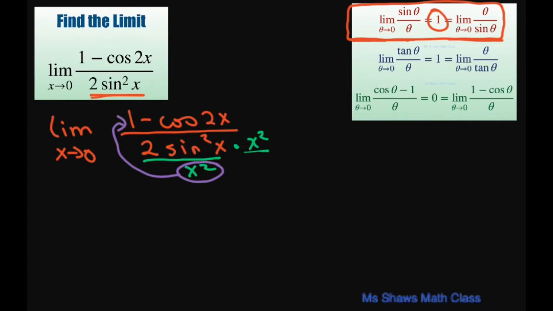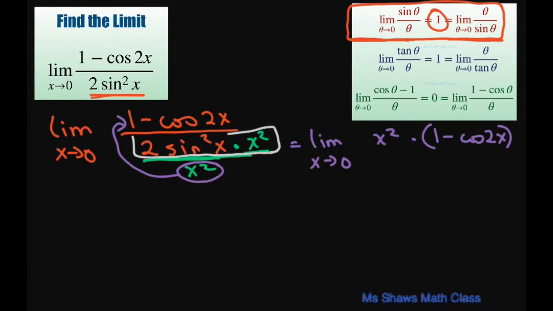So now I'm going to write it as the limit as x approaches 0 of x squared times 1 minus cosine of 2x, like that. Now for my denominator, this is my denominator right here. So right under here, I'm going to write sine squared of x for this piece.